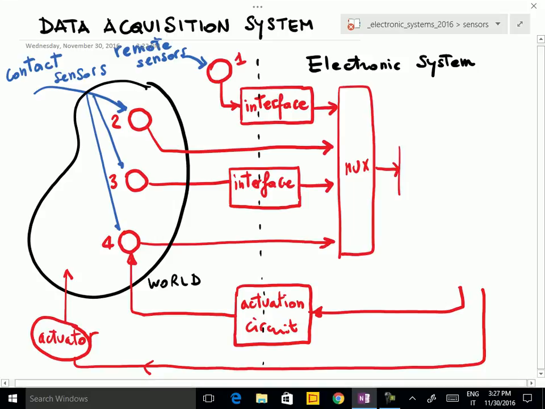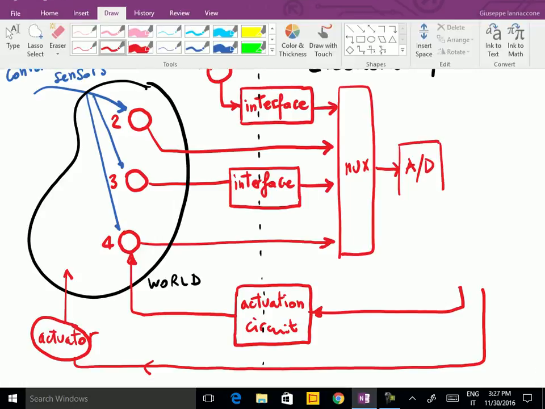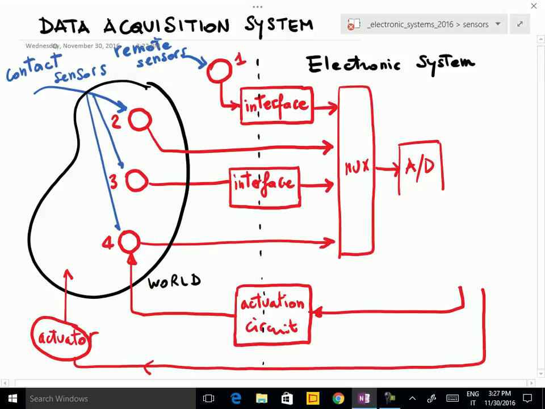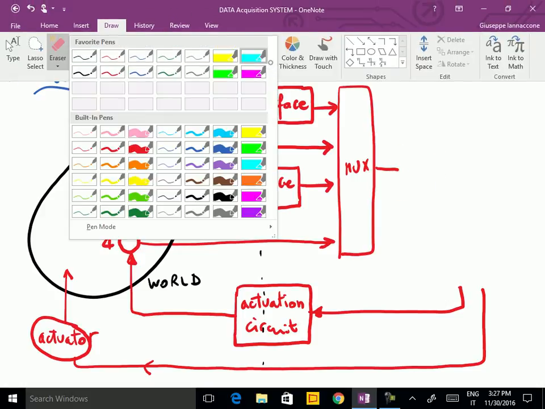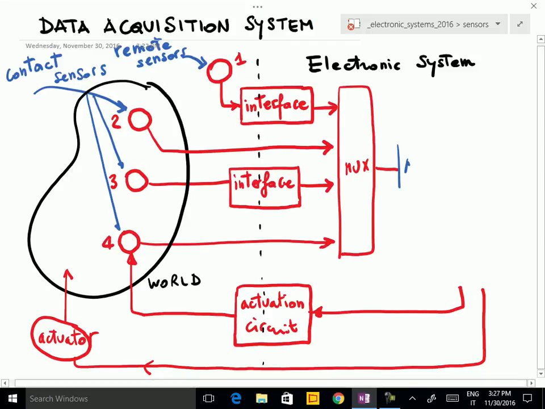microcontroller. If the signals are analog, we can have, as an optional block, let me use the blue for the optional, an analog to digital converter. If the signals are digital, of course this is not required.